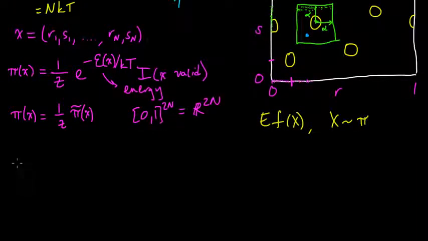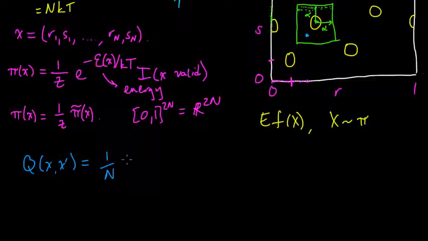So let's say Q(x, x'). I won't write out the whole thing, but it's 1 over n for uniformly choosing one of the n particles. And then it's the indicator function that we moved only one particle and that it was in this box.